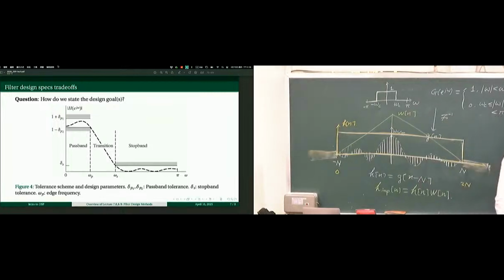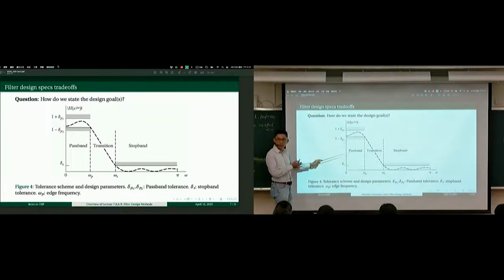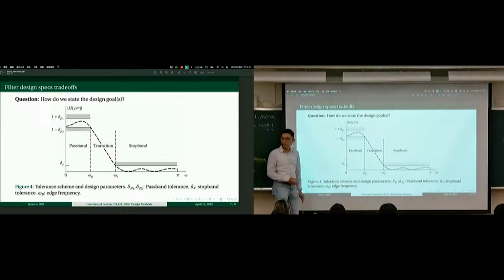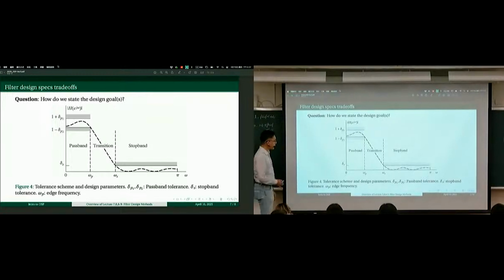And your filter is allowed to make a transition from pass band to stop band. In between, this is called the transition band, where the gain drops from nearly 1 to nearly 0. Pass band, transition band, stop band.